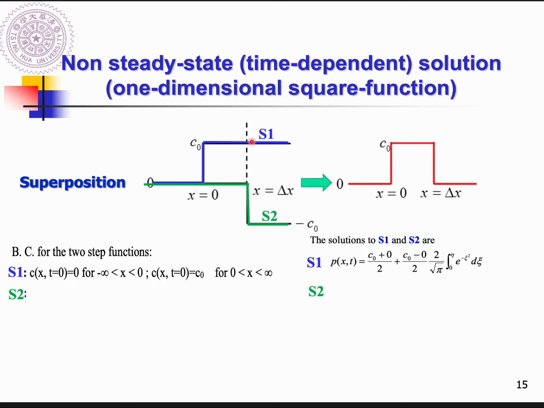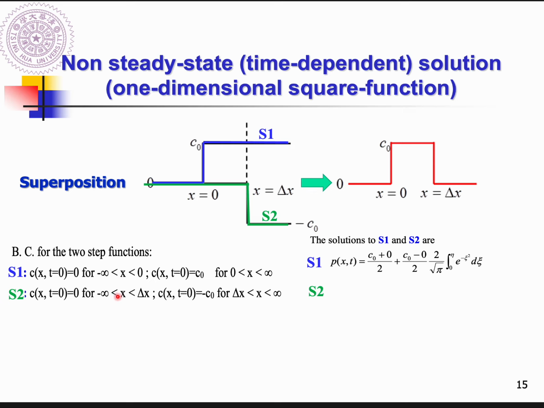The average of the sum of C0 plus 0, plus the average of the difference between C0 and 0, so it's C0 minus 0, times the error function of eta. That's the solution for S1. And how about the solution for S2?